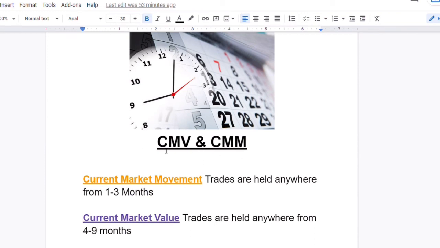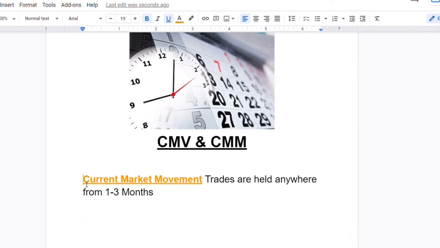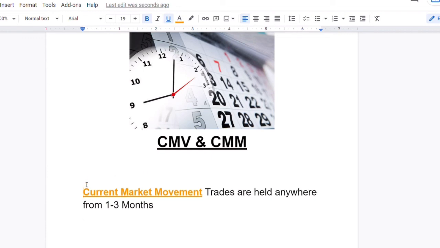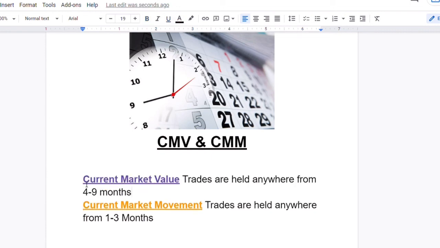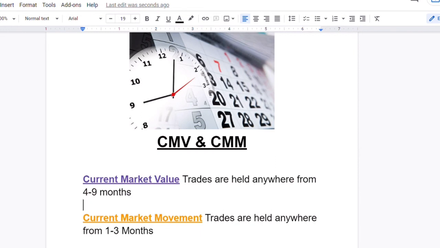A little touch up on CMV and CMM. Okay, and we'll just probably move this in a different order. All right, now what you'll notice is current market value and current market movement is color coded. That's also very important.